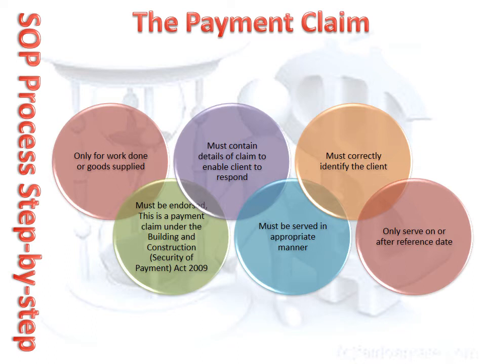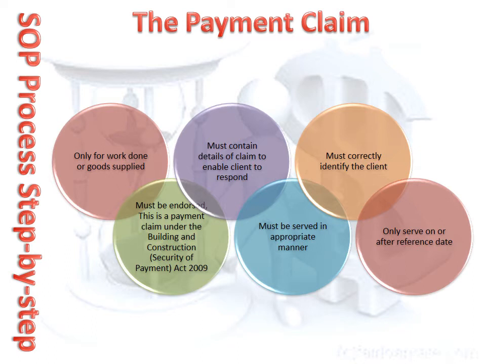Whilst there is no hard and fast rule for the amount of detail to be given, a good rule of thumb is that the detail should be sufficient so that a person who has no knowledge of the project can understand from the payment claim alone what the claim is for.